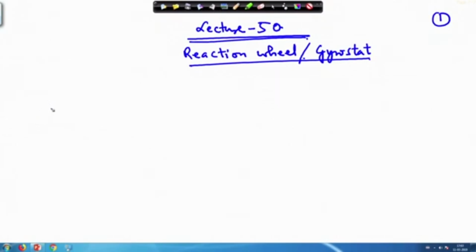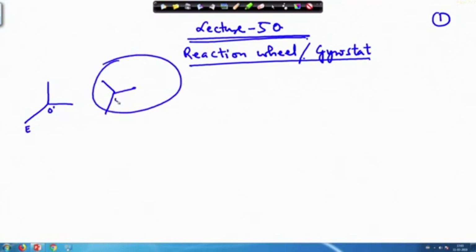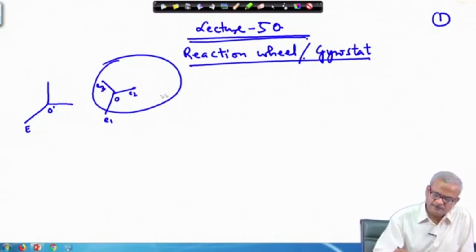So, we have this is the inertial system. The body frame is fixed here and the wheel is located here. This we have tagged as body and this we have tagged as wheel.